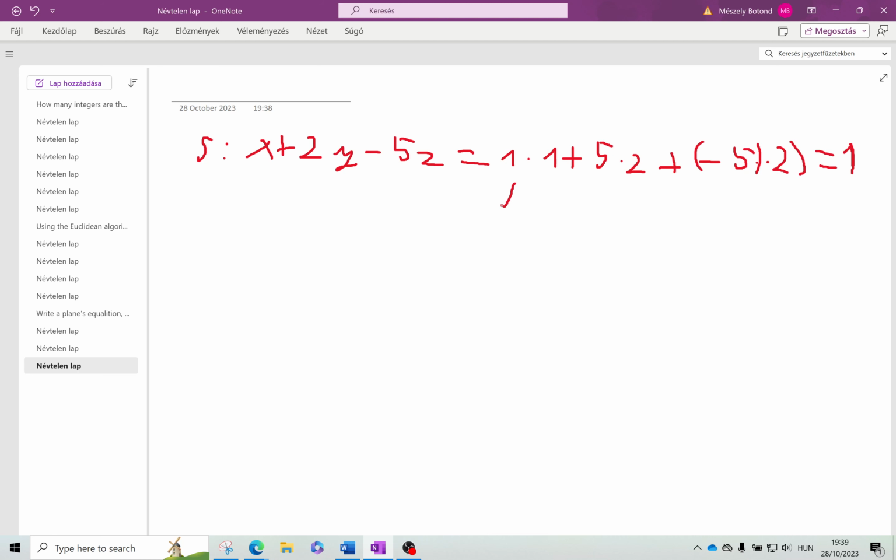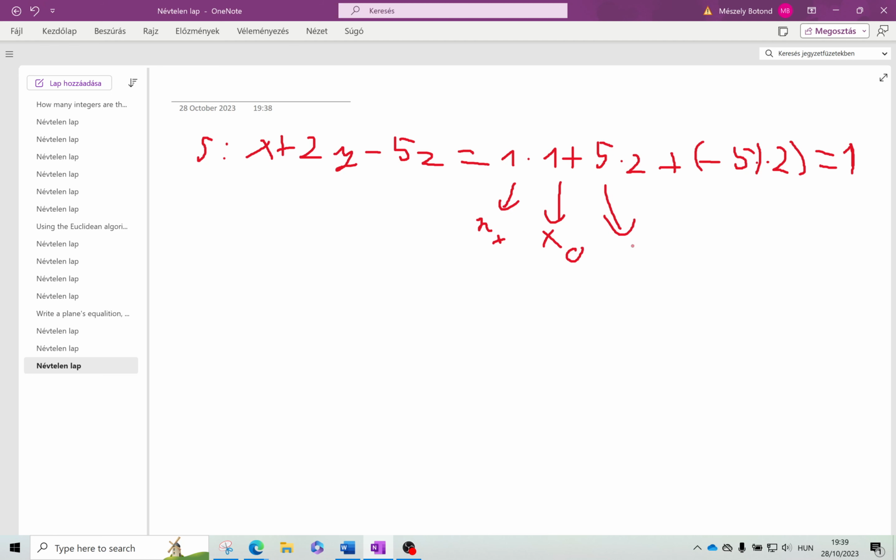So this is the normal vector's x, the first coordinate, and this is the point P's x coordinate, x0.